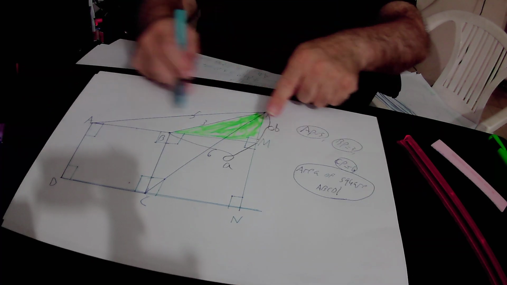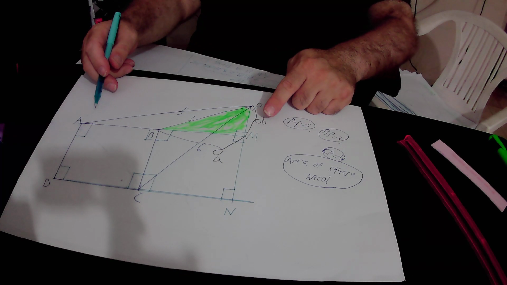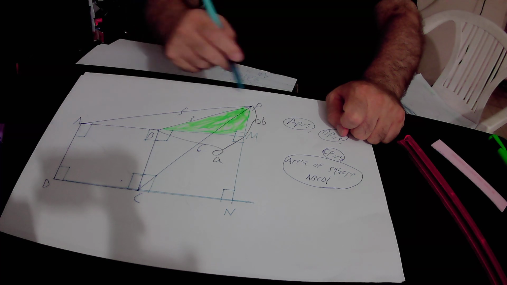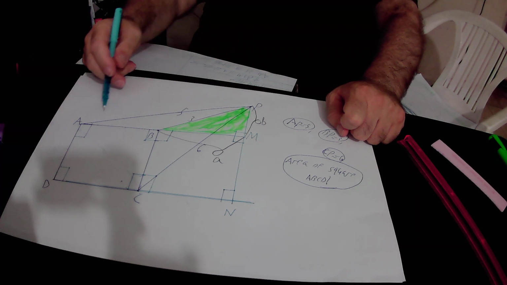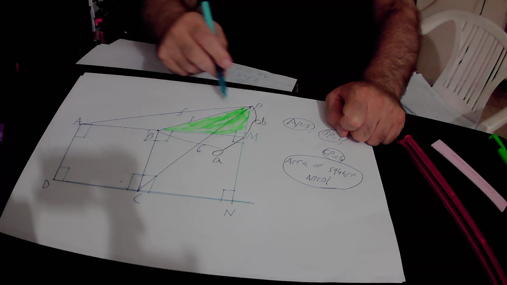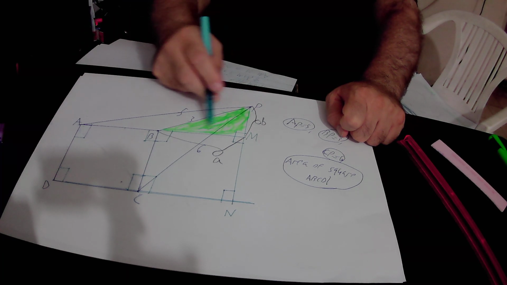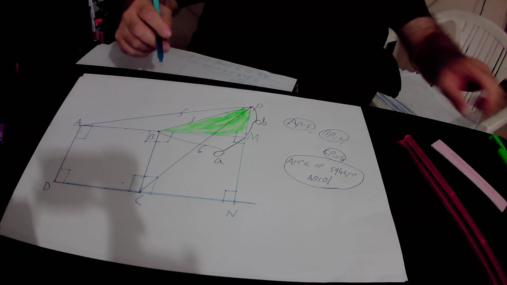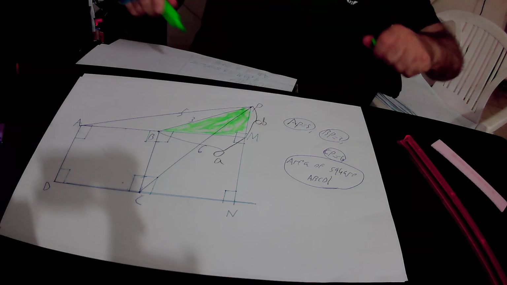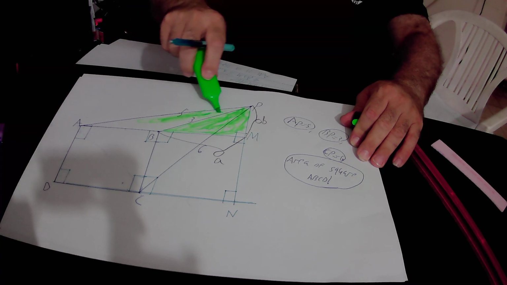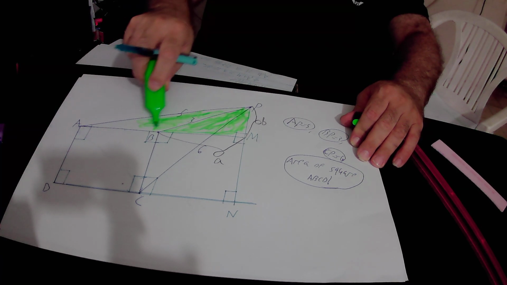So if AM is a straight line, it means that triangle APM, this triangle, or actually shape APM, must be a right triangle. Okay, shape APM is a right triangle. Therefore, we implement the Pythagoras theorem on the right green triangle, triangle APM.